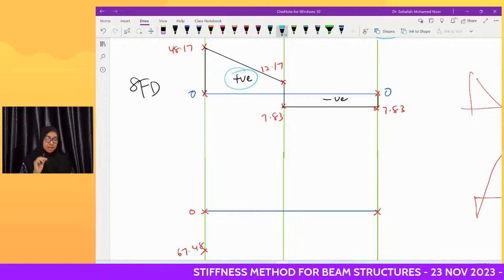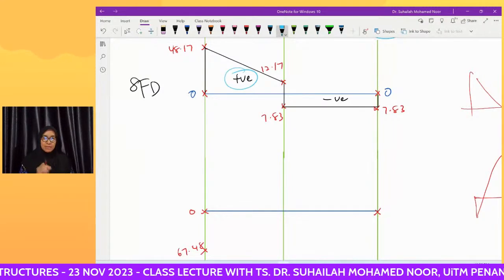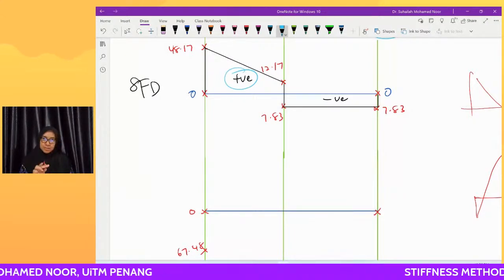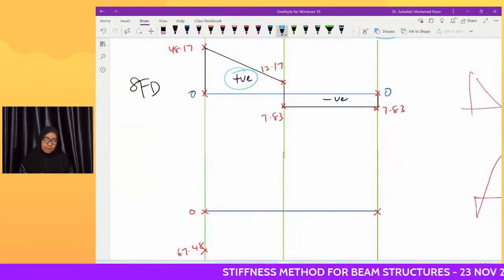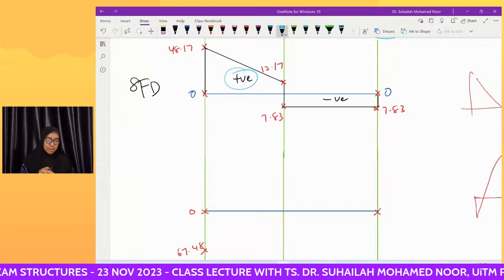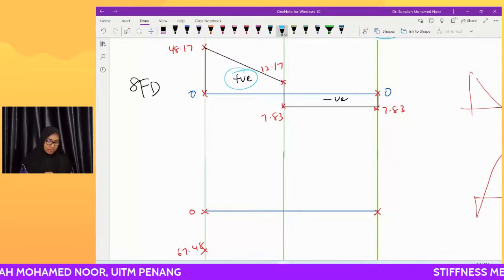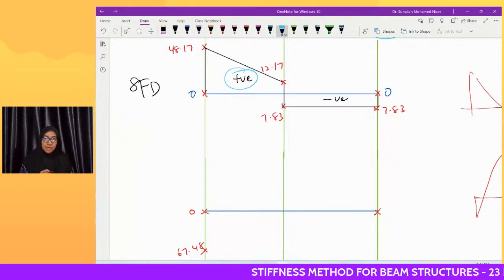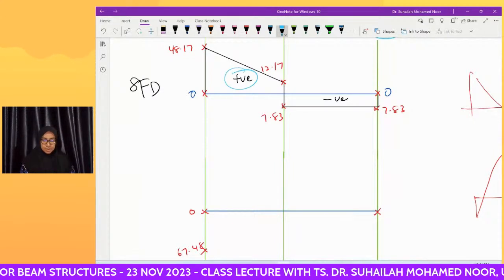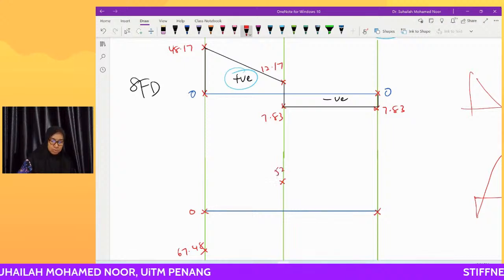The area is 48.17 plus 12.17, times 4 meter, divided by 2, so the area is 120.68. Adding to negative 67.48, we get 53.2, and it is positive.